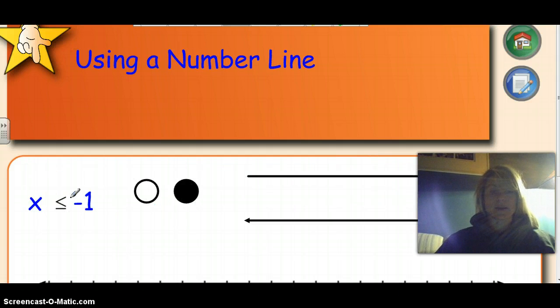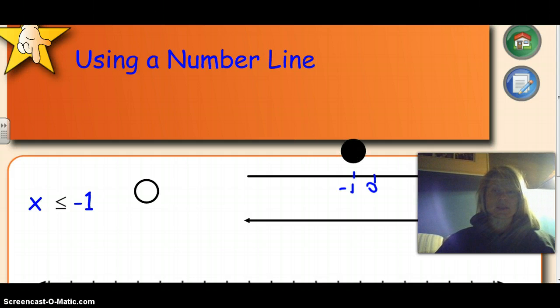Okay, so if I have this one, we have less than and equal to. So that equal to tells me that I'm going to need this solid point. And then it's less than, and remember, as long as the variable is on the left, you can use this as like an arrow that's going to go that direction. Okay, so we'll have 0, and then this is -1. And it says including, so we can take this dot and put it up here.